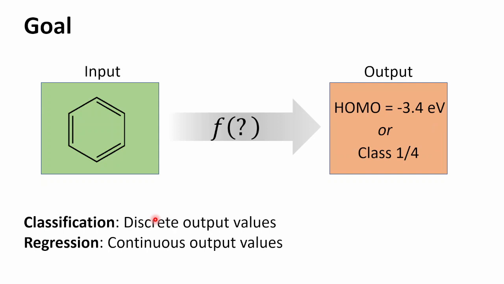The goal is more focused on the output, and if the output is discrete, like class 1, class 2, class 3, something that's active, inactive, those types of output would be classification problems, and something like HOMO or LUMO or energy, which is a continuous output, will be a regression problem.